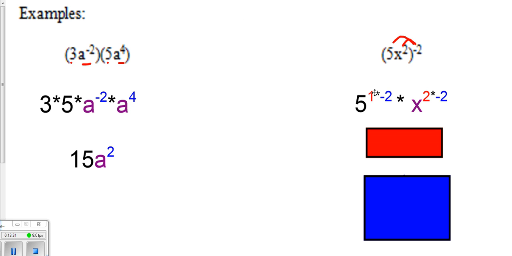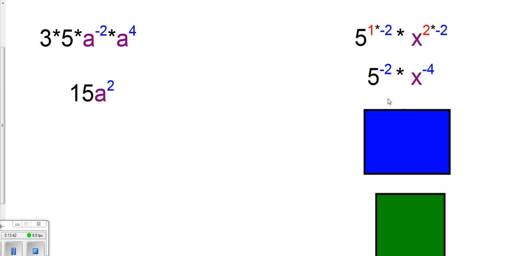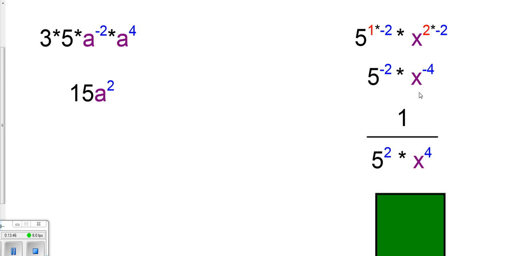So 5 to the 1 times negative 2 is going to be 5 to the negative 2. x to the power of 2 times negative 2 is going to be x to the negative 4. Well, 5 to the negative 2 is going to change things up. That's going to mean move it down because it is negative and keep it as 5 squared. x to the negative 4, same thing, because it's negative, means move down.